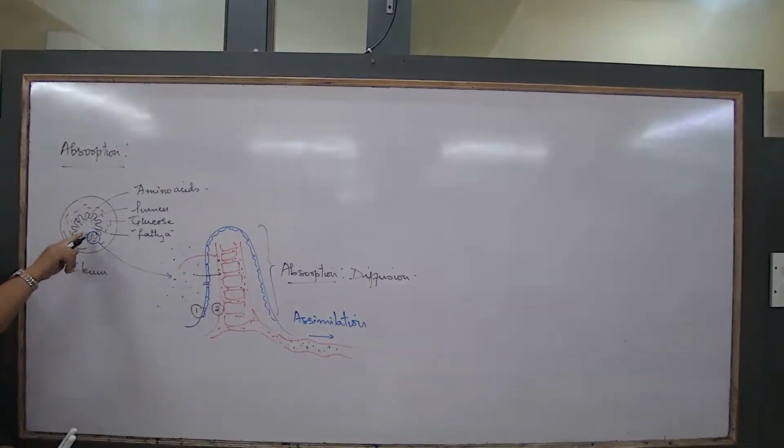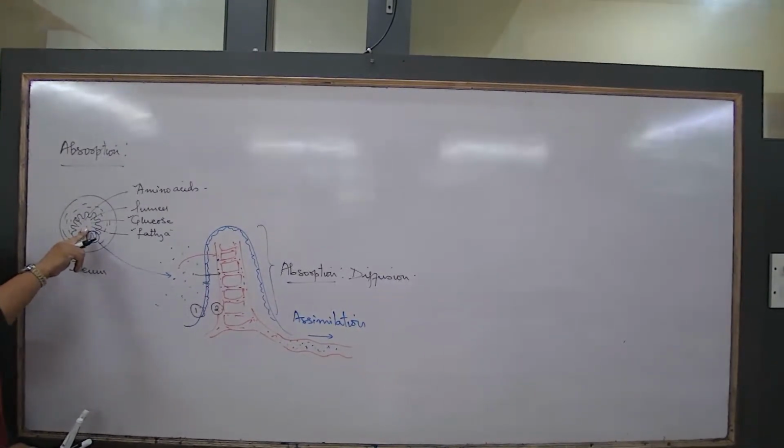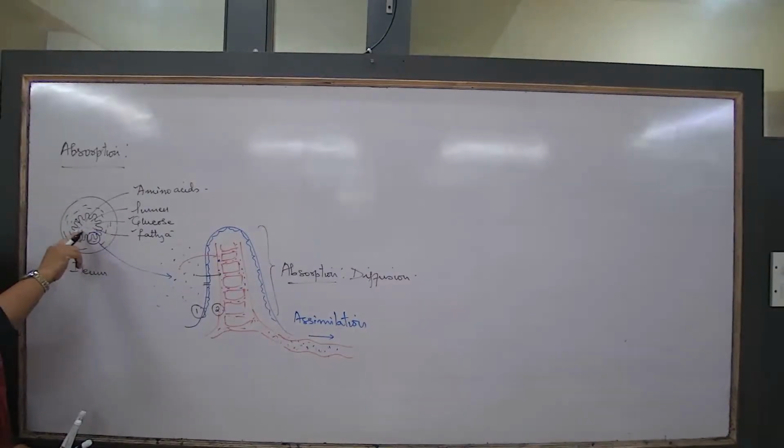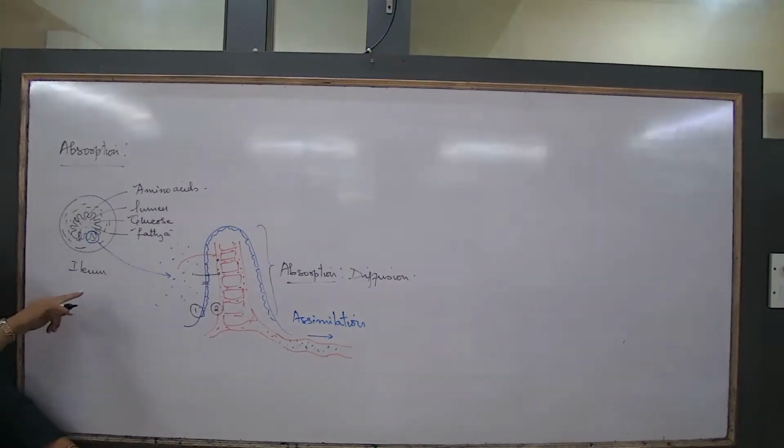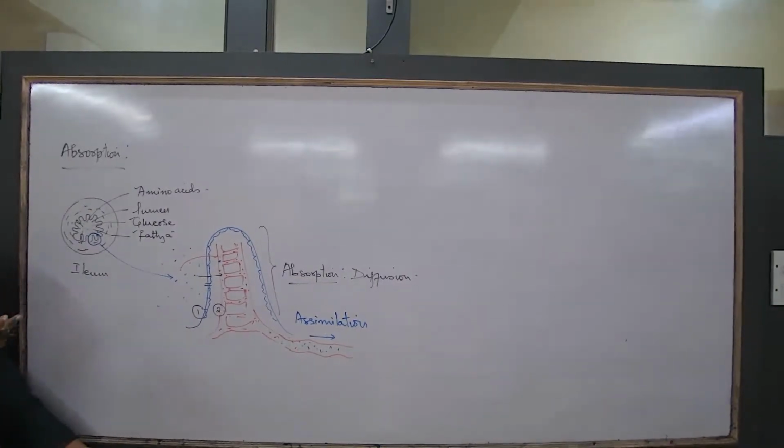After the process of digestion is over, the inner cavity of the ileum is loaded with the simplest form of carbohydrates, proteins and fats. That is the glucose, fatty acids and the amino acids. Will they further break down? No. Now they will get absorbed. What is the meaning? Simple diffusion.